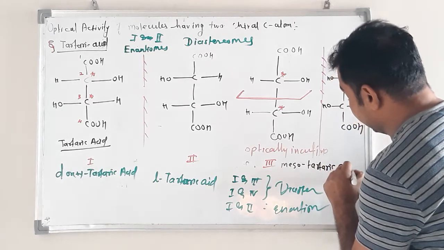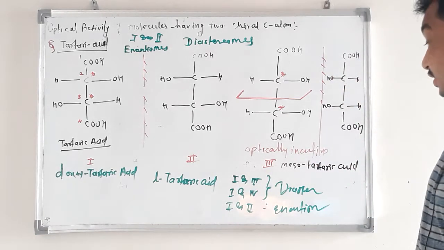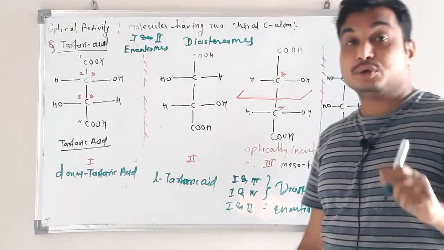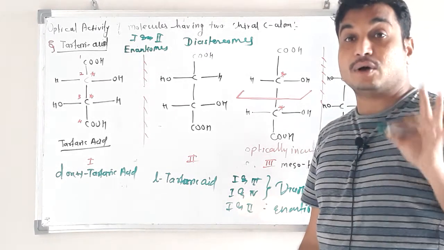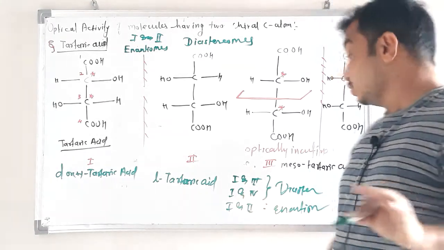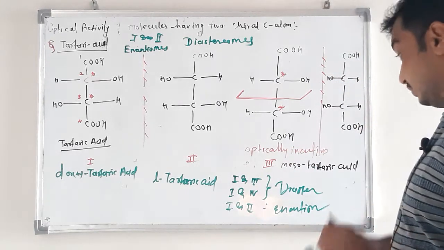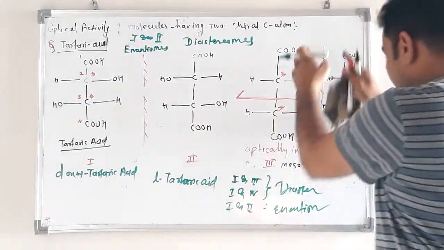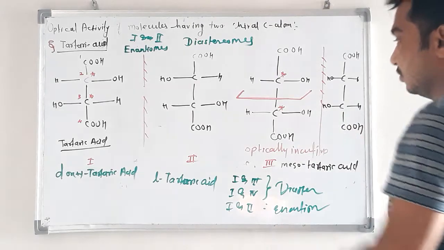Meso means the compound is optically inactive due to the presence of a symmetry operation even though it has chiral carbon atoms. So these are the 3 tartaric acids: 1, 2, and this third one.